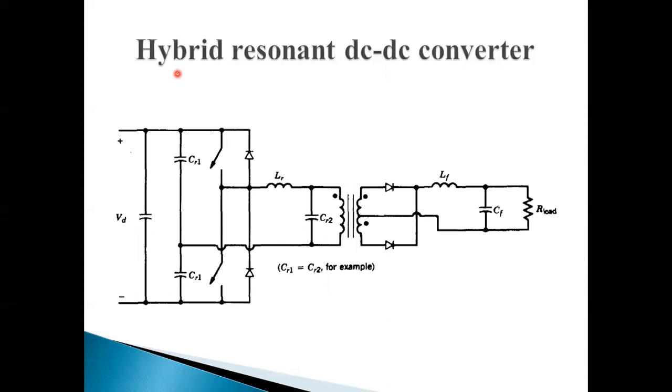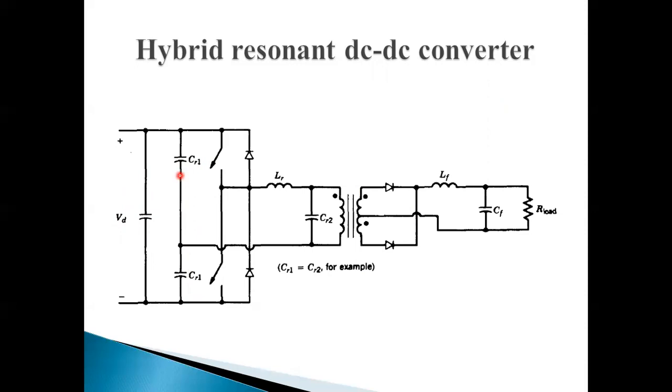In the last, this is the hybrid resonant DC to DC converter. In that, this is the main supply voltage VD. This is a capacitor used for constant voltage applied to the main circuit. This is CR1 and CR2.